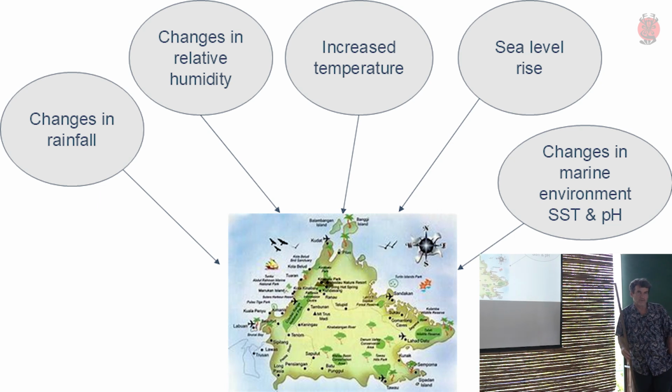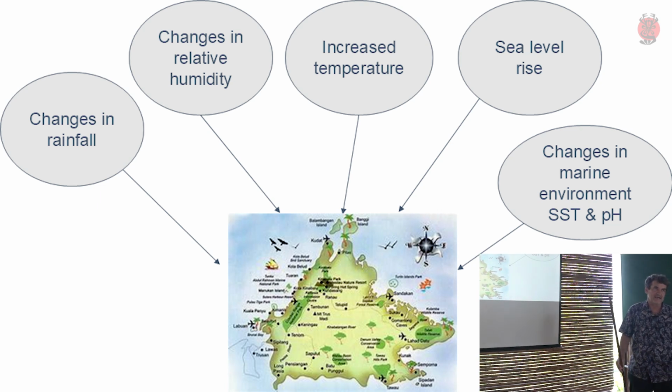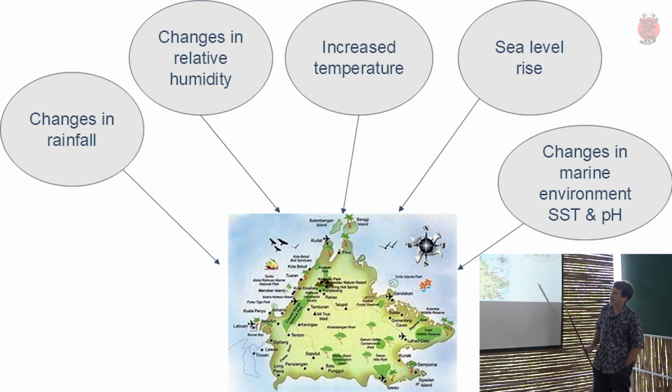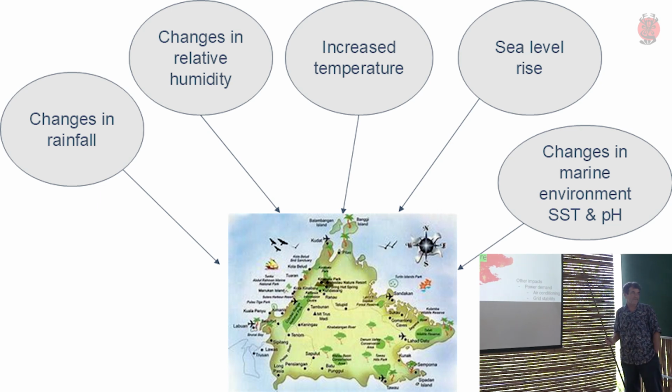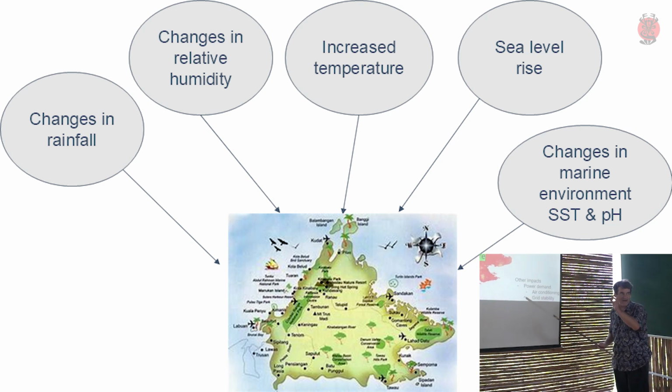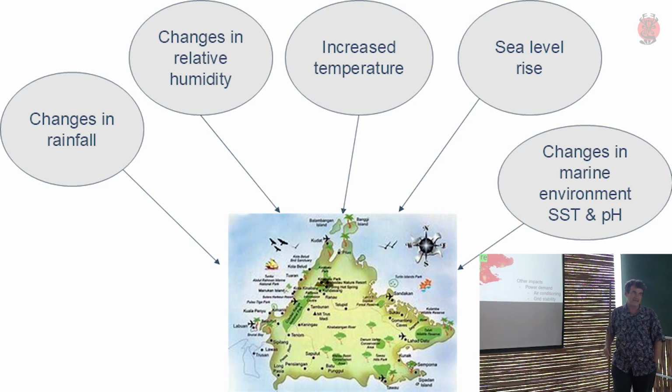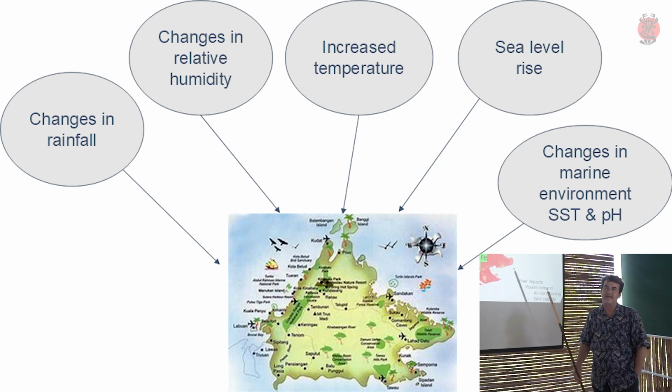So in the next module, what we will be doing is going through, can you go back 2 slides? No, next. Some of our findings on how the various variables are likely to impact Sabah in terms of agricultural yields, rice in particular.